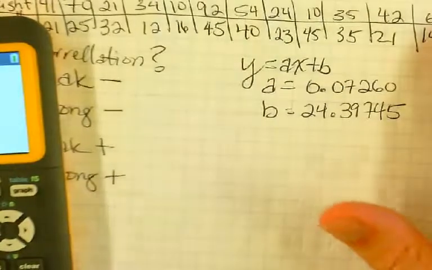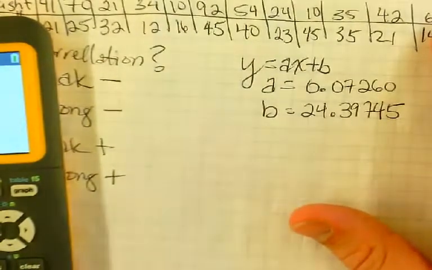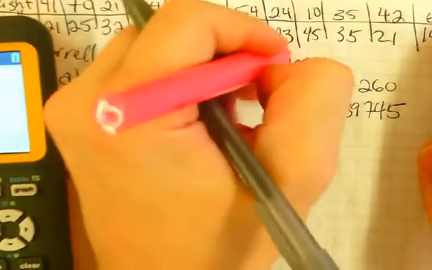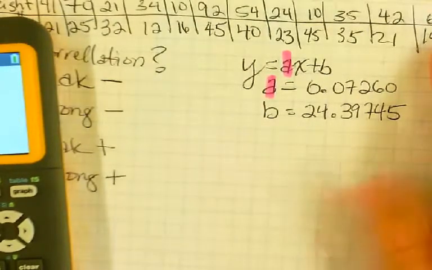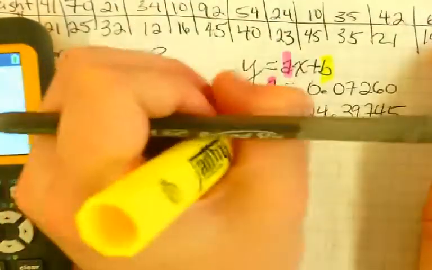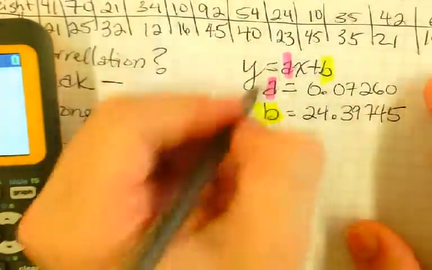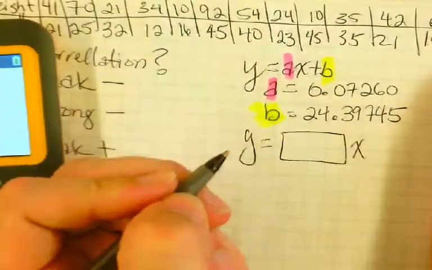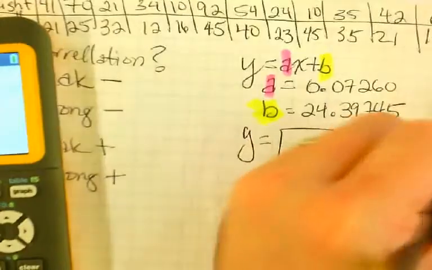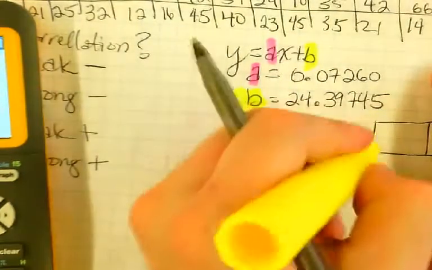All right, and now all we got to do is just substitute into our equation. So we got y equals something times x plus something, right? And we're going to fill these in.